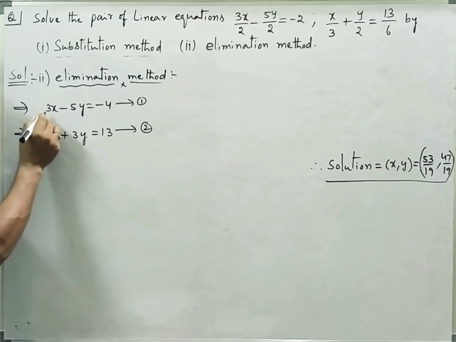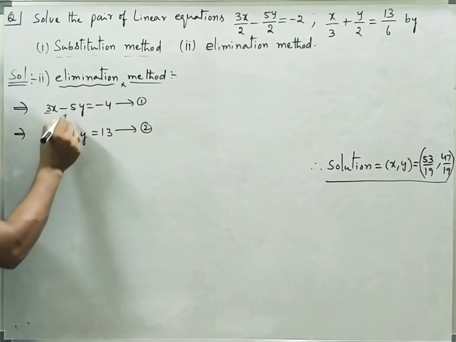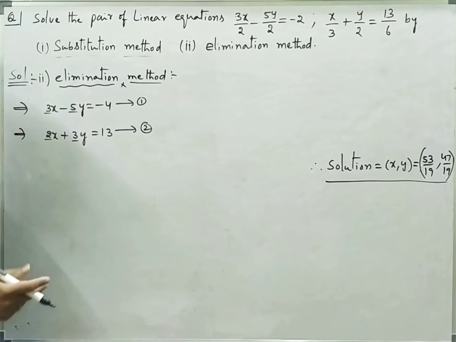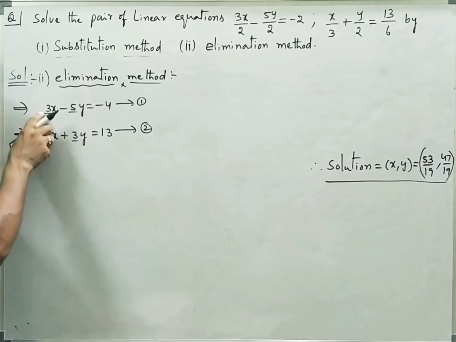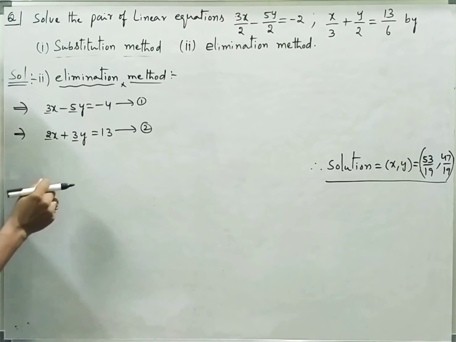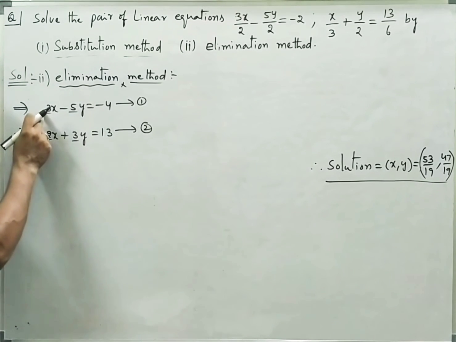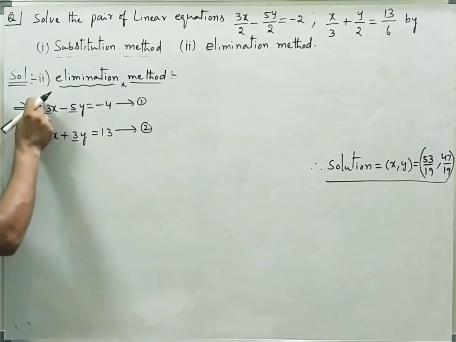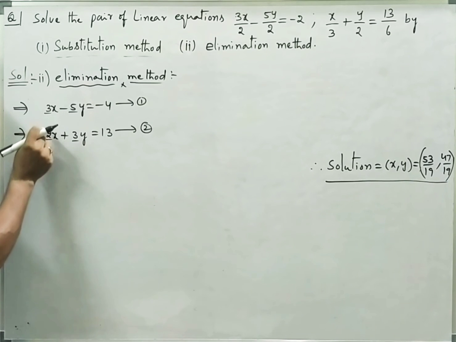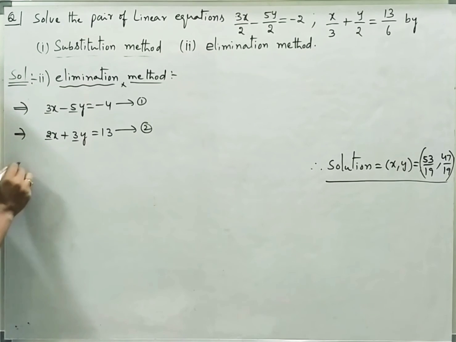Here what are the coefficients? 3 and 2, here 5 and 3. To eliminate, we have to equate the coefficients by finding their LCM. So what is the LCM of 2 and 3? That is obviously 6. So let us make the coefficients of x as 6 by multiplying this equation with 2 and the second equation by 3.